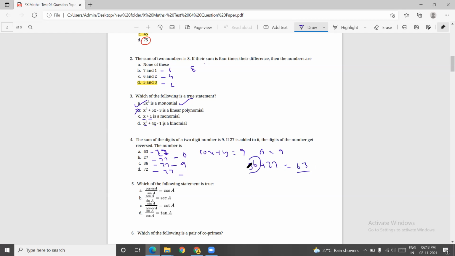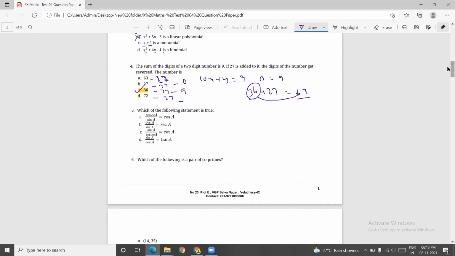See here, I am adding 27 and it is reversed. So the option is C. Understand, guys, what I'm saying? Without formula, without creating equations, that is how to solve by the elimination method. Which of the following statements is true? What is the answer for the fifth one, students?